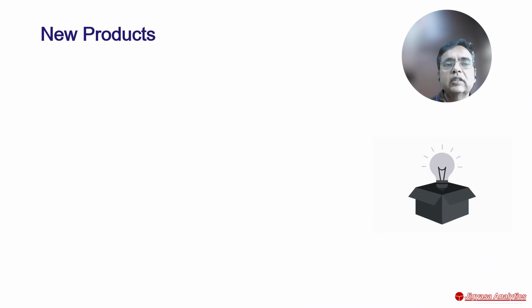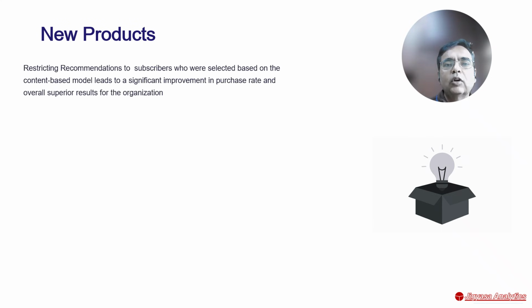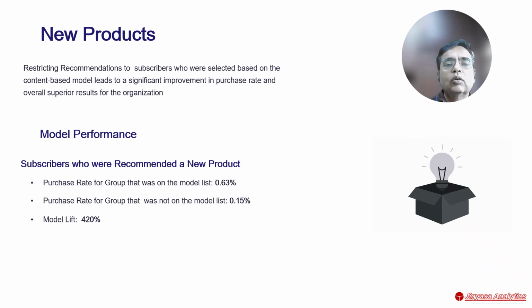For new products, the recommendation model did an even better job. So if you looked at the group which received recommendations for the new product but were not part of the model list, the purchase rate was 0.15%.